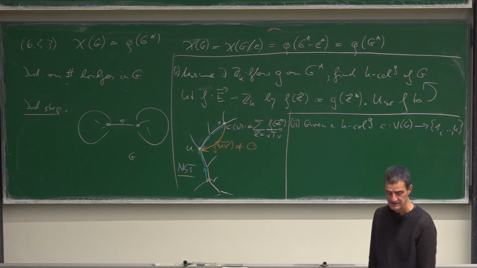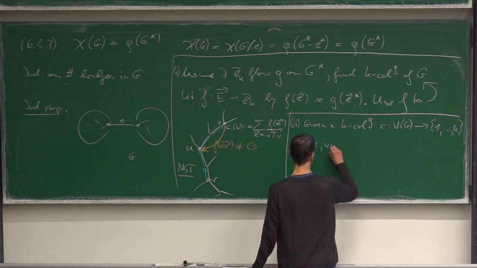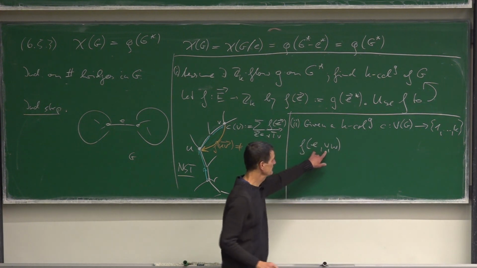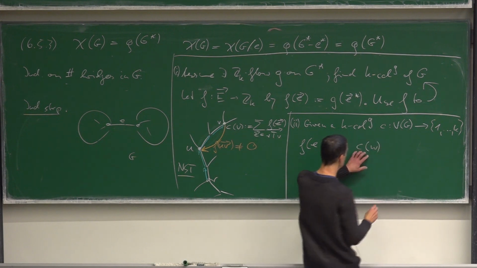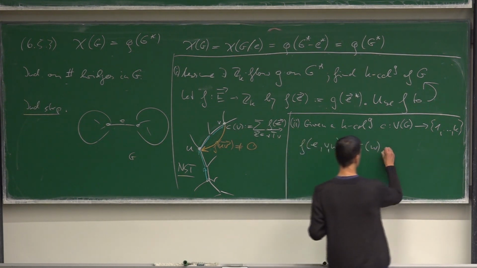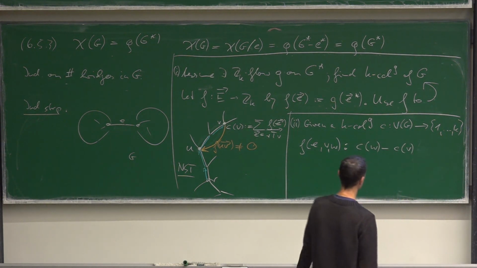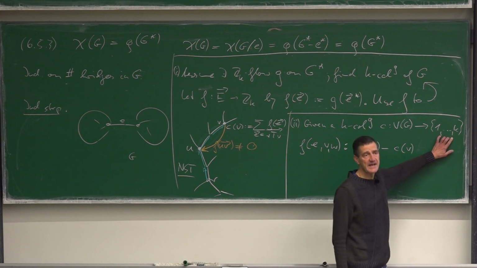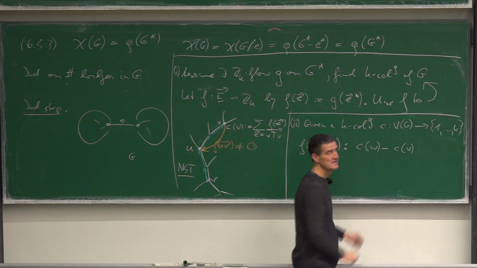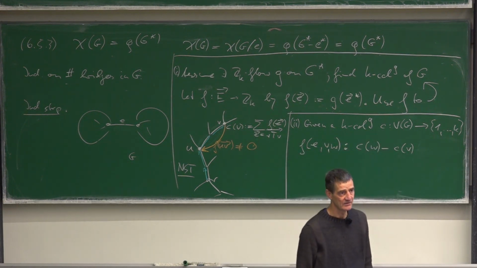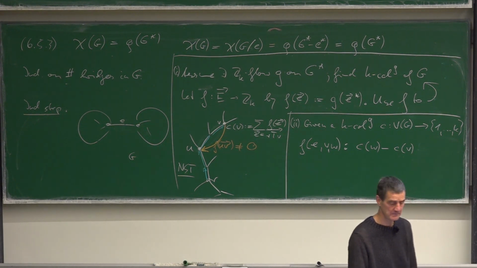So we define F of E of an oriented edge from V to W as C of W, the coloring, minus C of V. And we don't need colors in Z_K here because these differences, since the colors are all positive, are again going to be strictly between minus K and K, right?